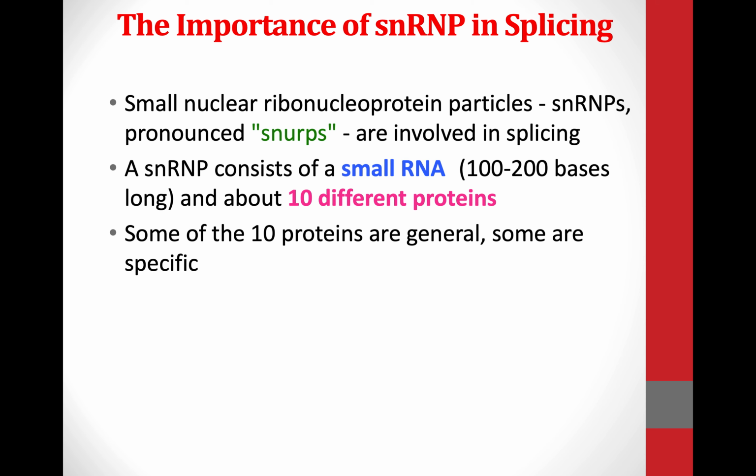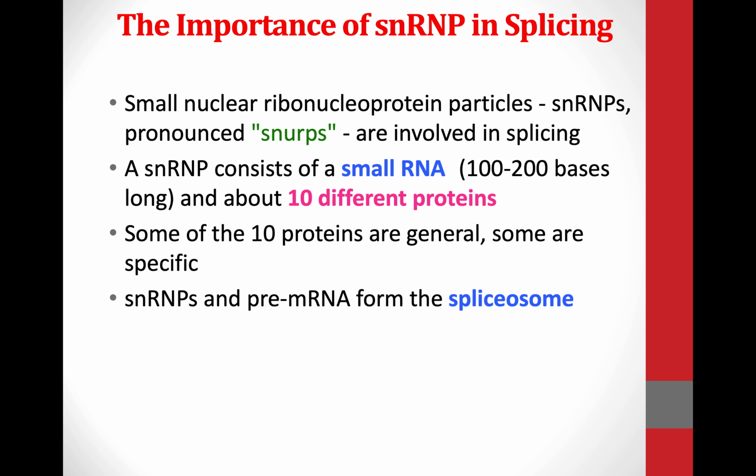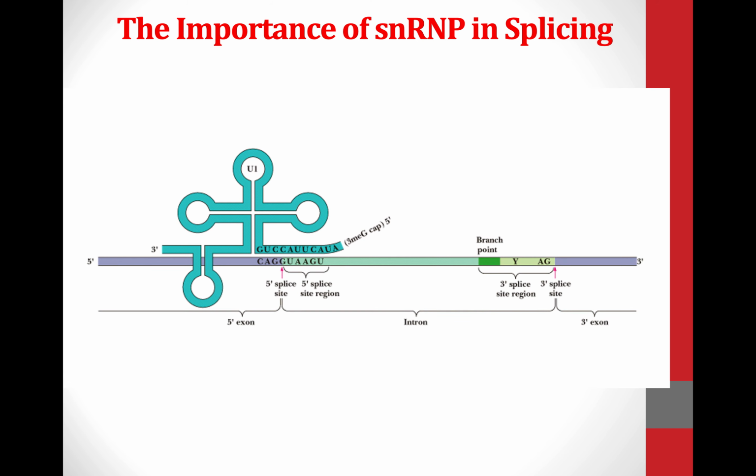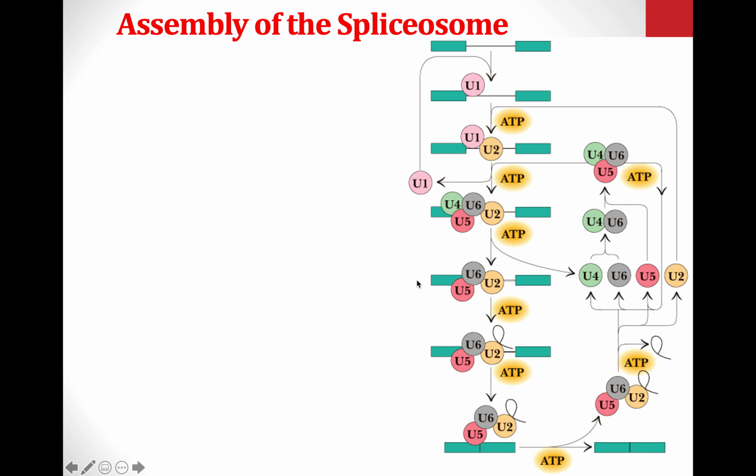Some of the proteins are general, some are specific. snRNPs and the pre-mRNA form the spliceosome, the machinery to cut off the intron from the two neighboring exons. The spliceosome is actually the size of a ribosome, and its assembly requires ATP, or energy, adenosine triphosphate. As you can see, this is the spliceosome, and how basically it is being used to cut off the intron.